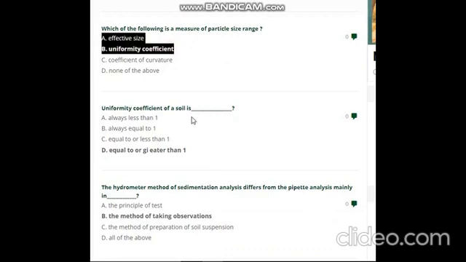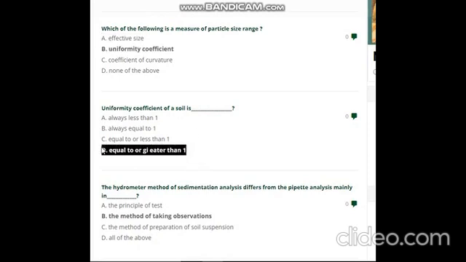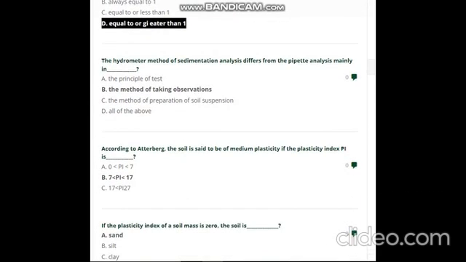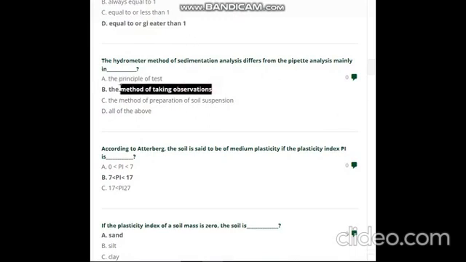Uniformity coefficient of soil is equal to or greater than 1. The hydrometer method of sedimentation analysis differs from the pipette analysis mainly in the method of taking observation.